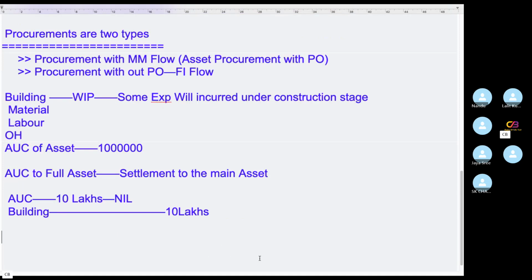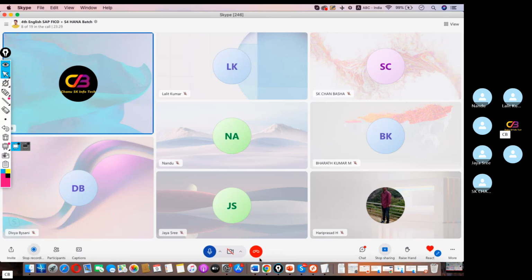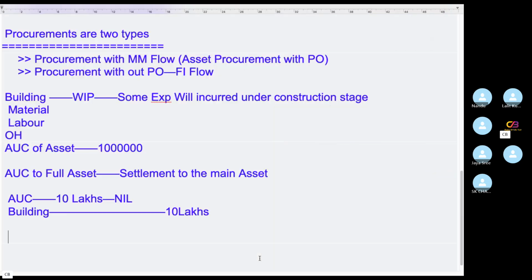What is meant by WBS? Tell me. WBS means work breakdown structure.